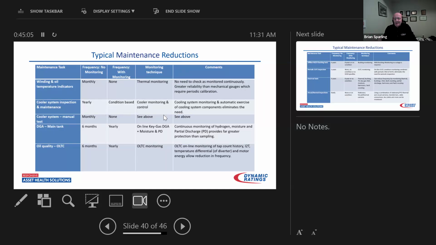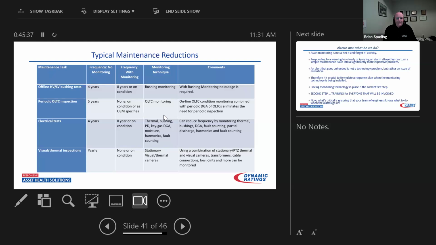In the OLTC, you can look at oil quality by monitoring for gases in those separate compartments on the outside, same as a transformer. But you also have the advantage of noting the tap count and the I squared T, in other words, current interrupted during a tap change, and the temperature differential. With those things to alarm you, that's the time, while you're out there checking things out, to take the sample for oil quality on the tap changer.